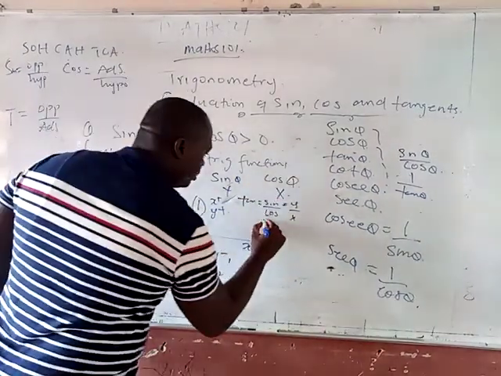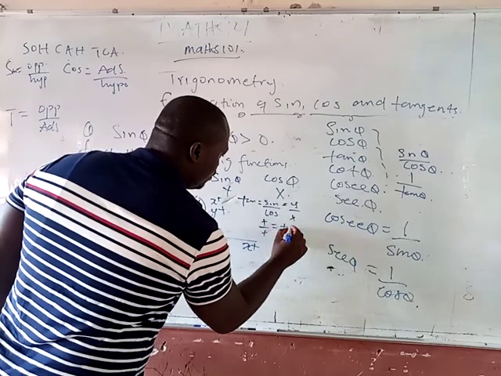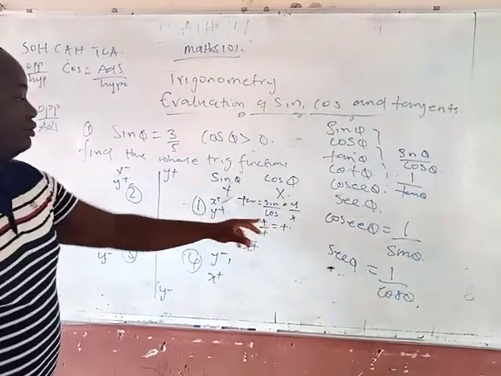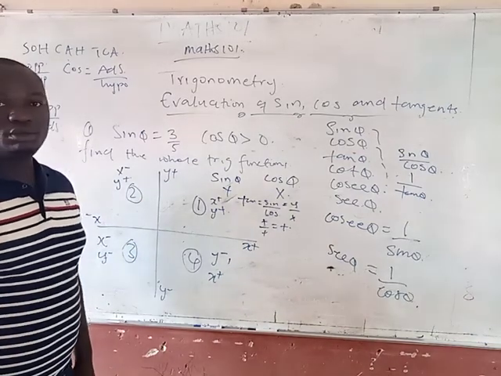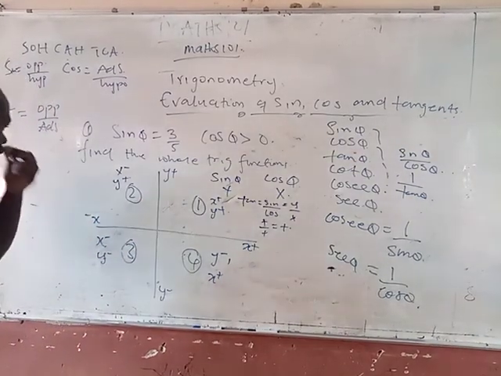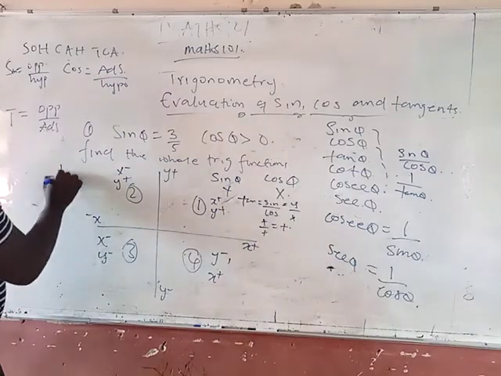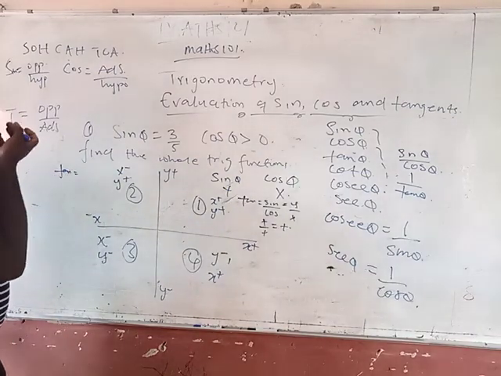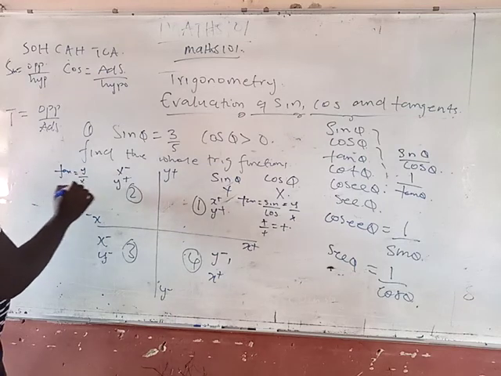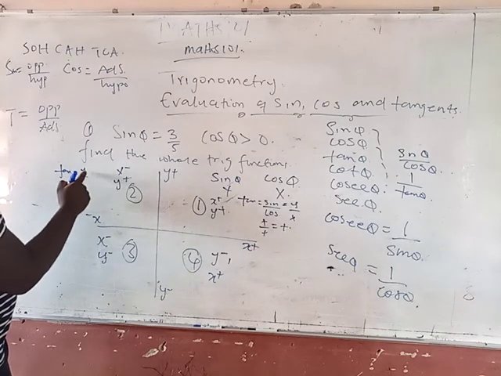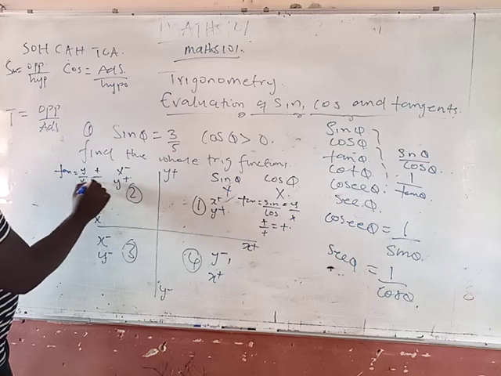So plus divided by plus will still give you plus. So that means that tan is positive in this first quadrant. If you come to quadrant 2, you will now see that tan, which is sine all over cos, and sine is y all over x. So y is plus all over minus.